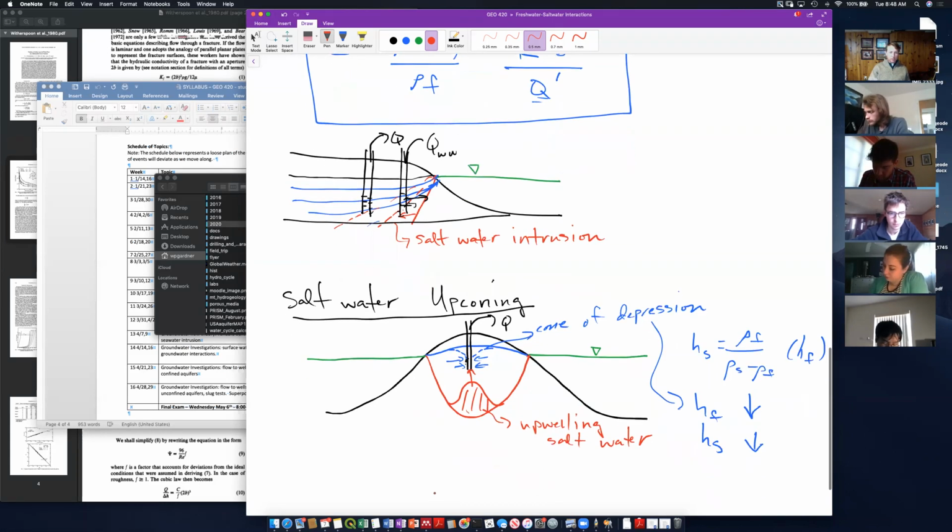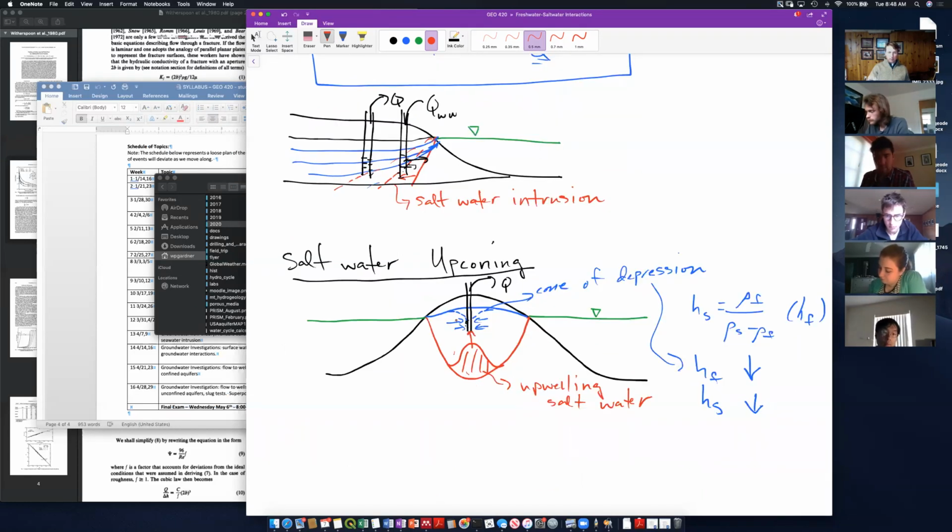All right, we can describe the location or the depth, H sub S, with an equation. We'll learn the basis, but it's another equation for the shape of the water table around the well as a function of pumping.